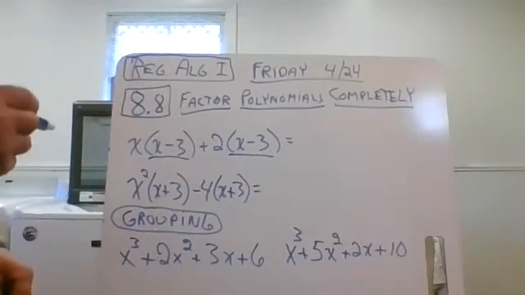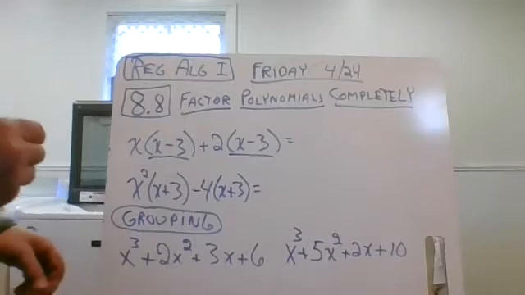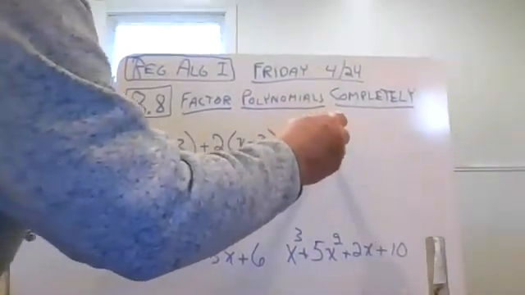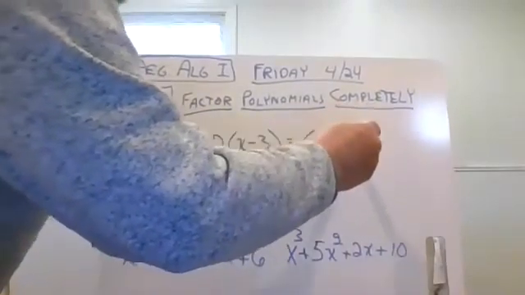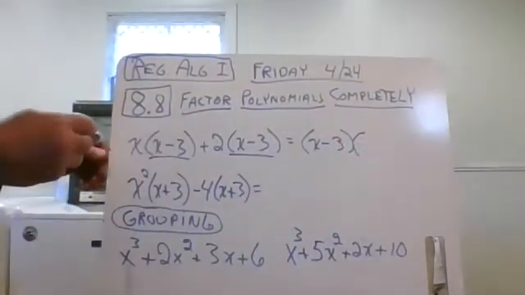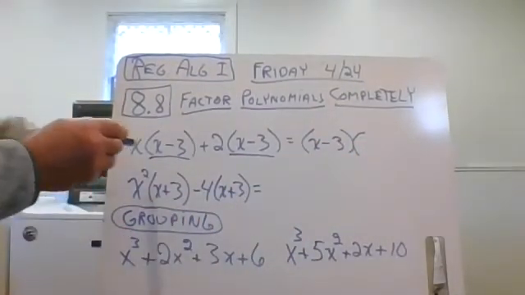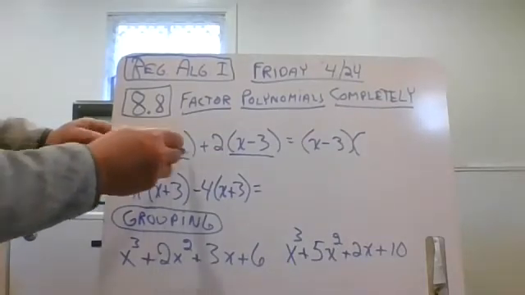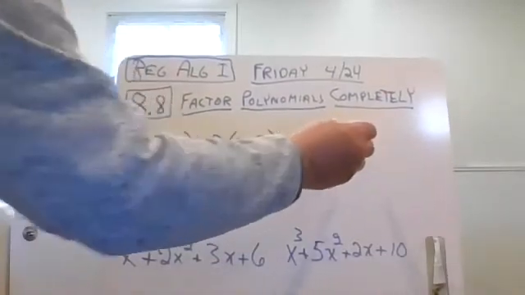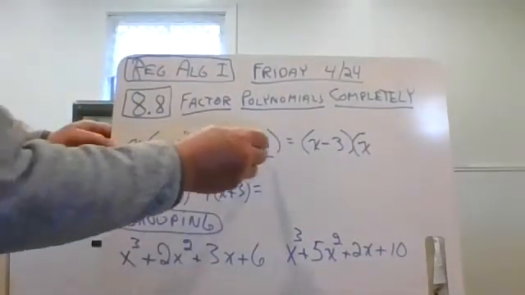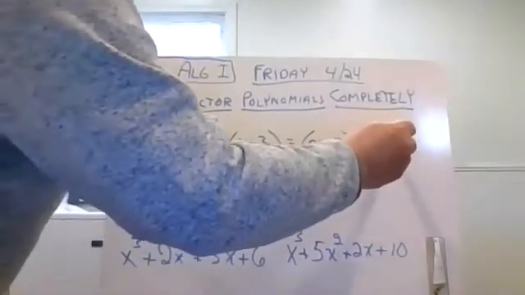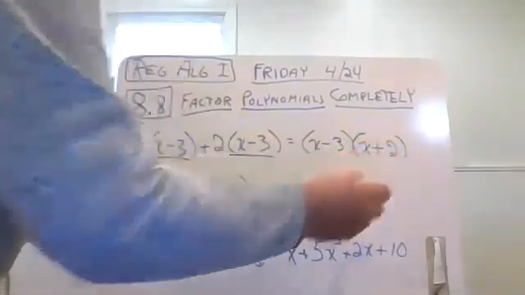That's the greatest common factor, x minus 3. So that factors out, and you write x minus 3, and then you write the remaining factors. When you pull it out of this, you're left with this x. So that's going to be our x. When you pull it out of this one, you're left with the plus 2. And so here we have it.